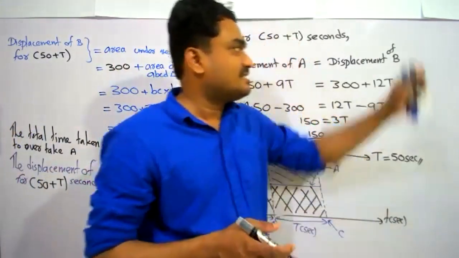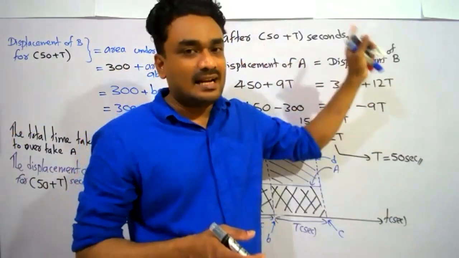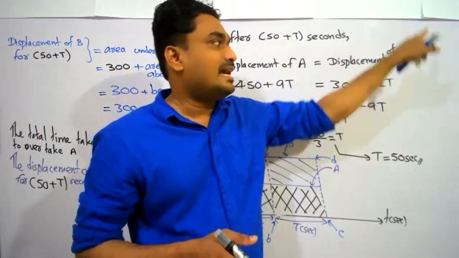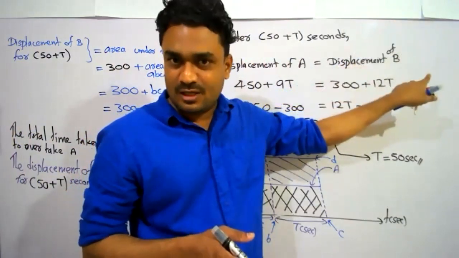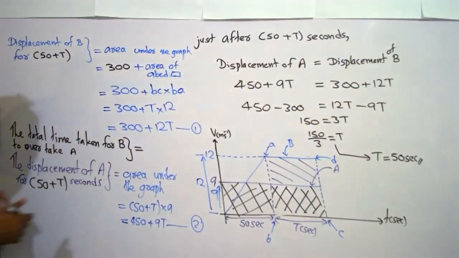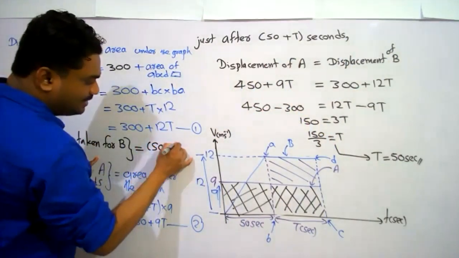After 50 plus t seconds, they were here at the same point. But at that time, B has a larger velocity of 12 and A has a smaller velocity of 9. As B has larger velocity, B will overtake A. So the total time taken for B to overtake A is 50 plus capital T.